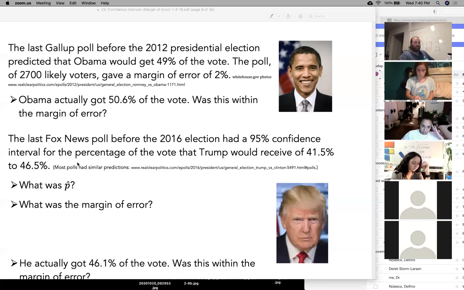The last Fox News poll before the 2016 election had a 95% confidence interval for the percentage of the vote that Trump would receive of 41.5% to 46.5%.